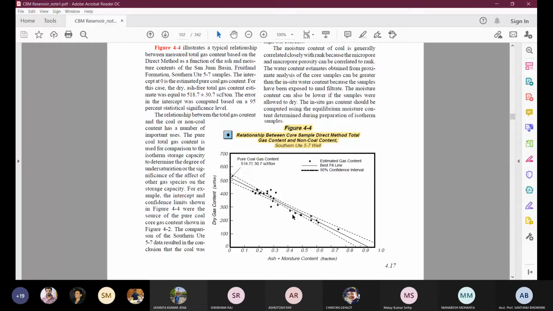Suppose you have got a result, but then you have to show how accurate those results are. So you take the hypothesis, and with the normal distribution graph, or maybe the chi-square or t distribution, you will be able to say that with 95% confidence interval, I am reporting that this reservoir has this much gas content. You can see 518.7 is the actual value, plus or minus 30.7 is the error, the standard deviation.